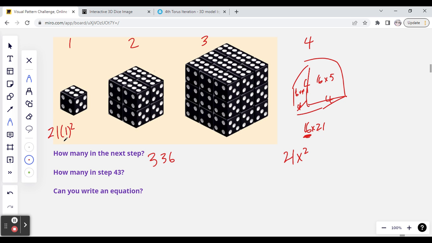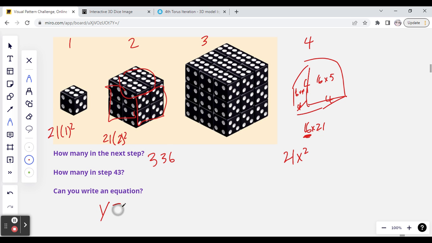Well, 1 squared is just 1, times 21 is 21. And we've already shown that there are 3 7s here, those opposite sides adding up to 7, so that's 21. How about in step 2? That'd be 21 times 2 squared. 2 squared is 4. We have four 5s, four 4s, four 6s, etc. So those numbers are going to add up to 21, but then we have to multiply them by 4. I hope that's making sense to you.